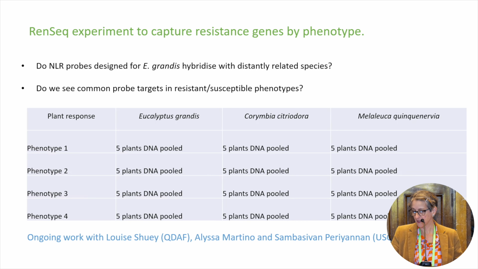The DNA is pooled, and we can start looking at whether there are any particular resistance genes that are more present in resistant versus susceptible phenotypes for the species that we're testing. That project was really a bit halted during COVID, but is now starting to build up again. That's with Sam Bassam, Peri Annan, and Louise Shuey.